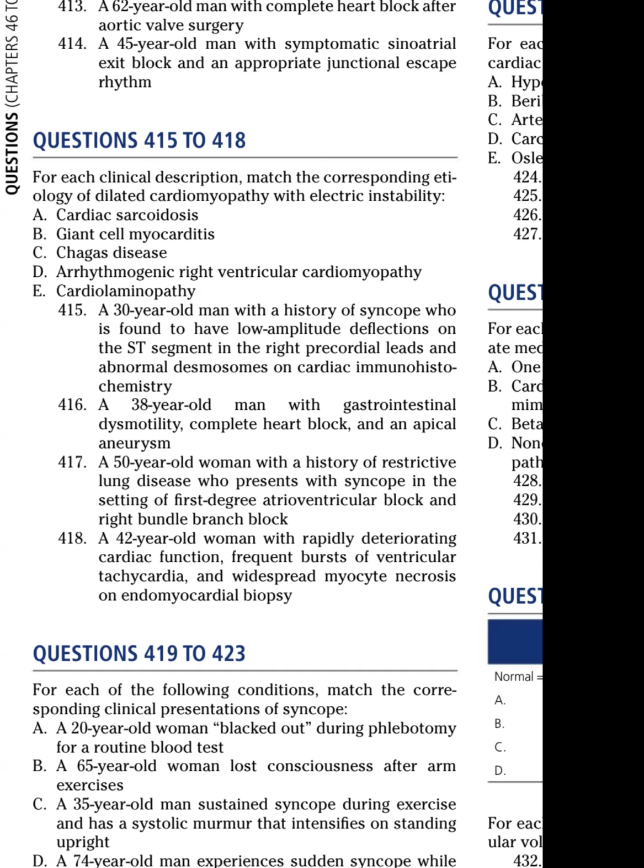So the typical appearance is actually seen on immunohistochemistry. This is when you have a disruption in the desmosomes, and it can lead to loss of cell-cell signaling, because we know how the cardiac muscle cells are arranged to allow for transmission.